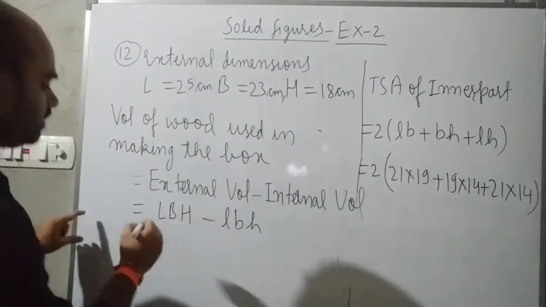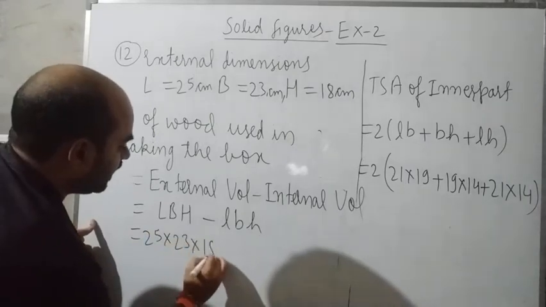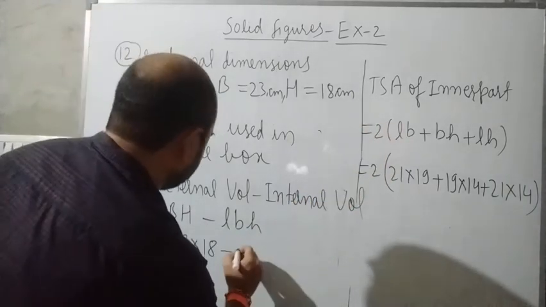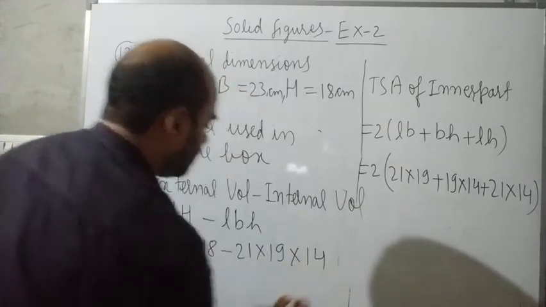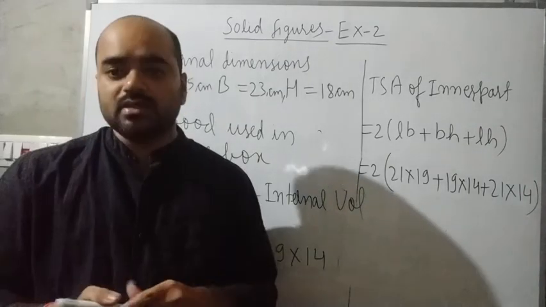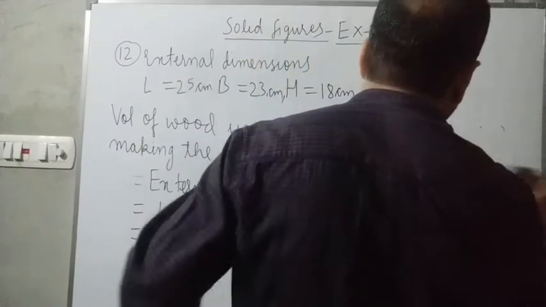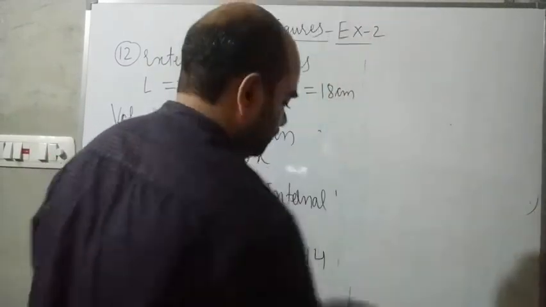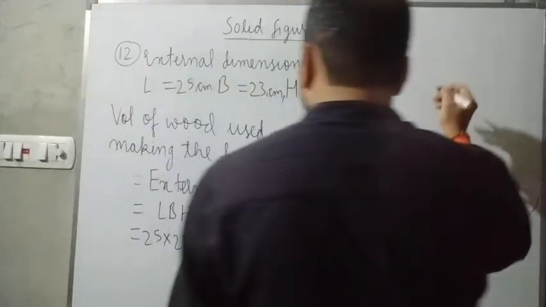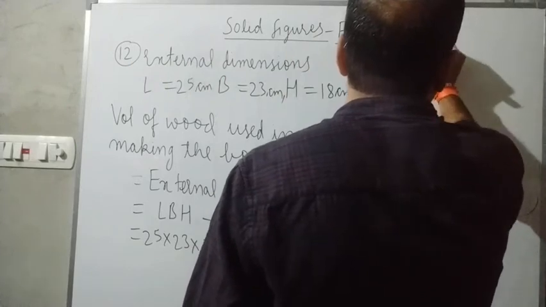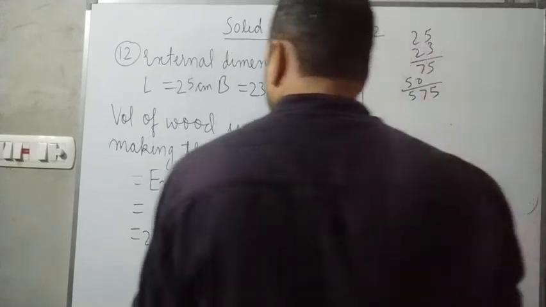External volume means 25 into 23 into 18, and internal volume is 21 into 19 into 14. Now we have to solve this. It is the calculation part, so multiply. 25 into 23, then 18.